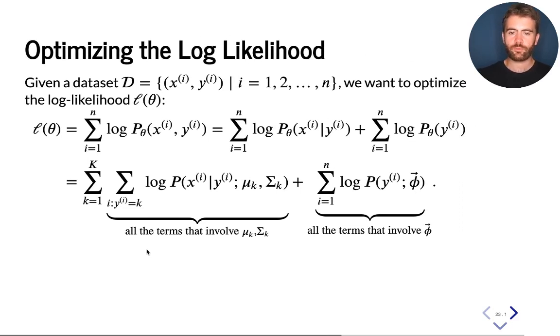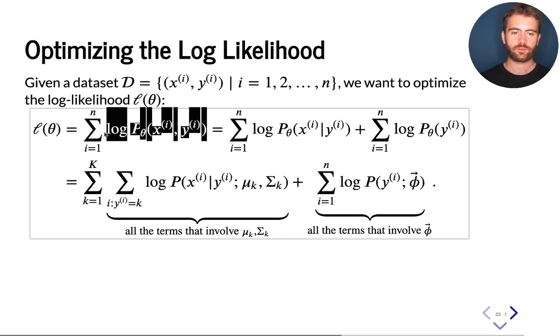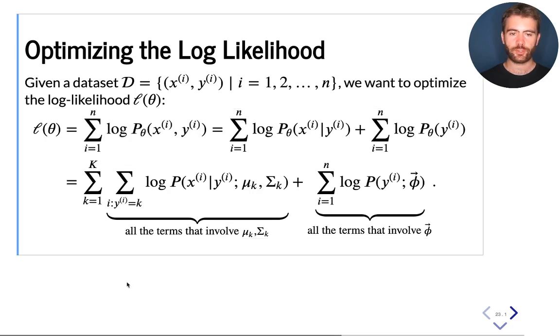As I said earlier, the principal approach to defining an objective is maximum likelihood, and in maximum likelihood, we want to optimize the following objective, which is our log likelihood. So we want to find theta such that the model assigns high probability to data coming from the data distribution, which is this here.